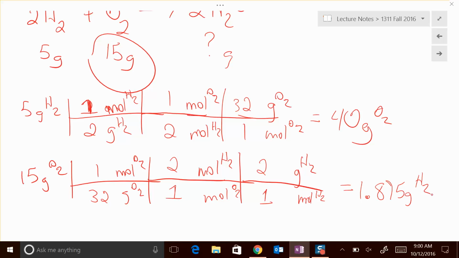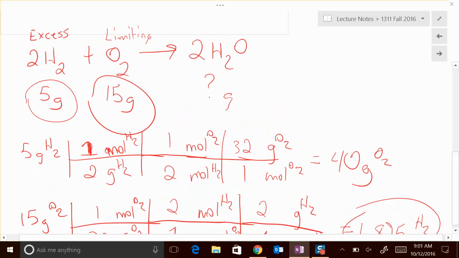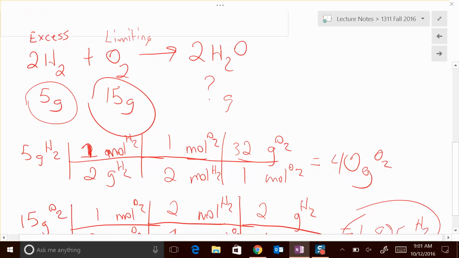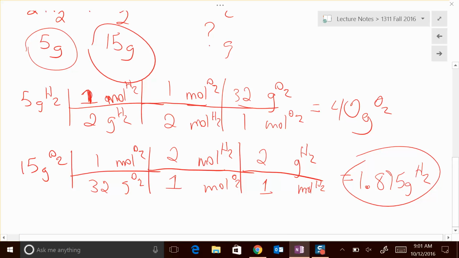Okay? So, do I have more or less than 1.87 grams of hydrogen? I have a lot more than that, right? So right there, once again, this is verifying that the hydrogen is excess. Therefore, the oxygen would be the limiting reagent. Okay?